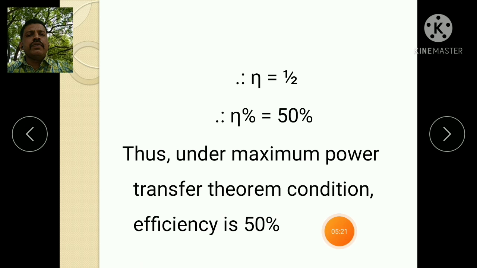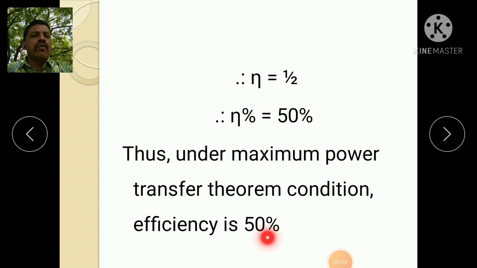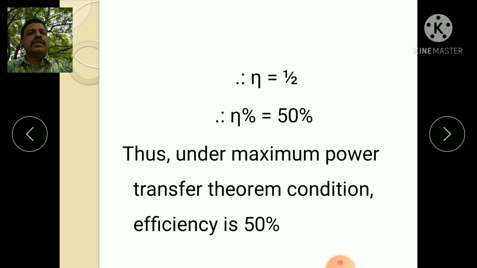In this way we can prove that under maximum power transfer condition the efficiency of the electrical circuit is 50% when the internal resistance of the circuit is equal to the load resistance of the circuit, that is small r equal to capital R.